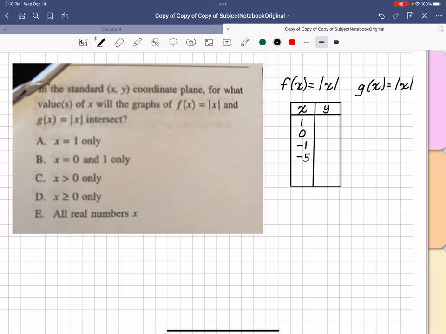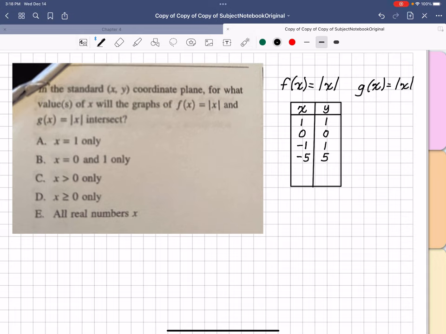So if I let x be 1, the absolute value of 1 is 1. The absolute value of 0 is 0. The absolute value of -1 is 1. And the absolute value of -5 is 5.